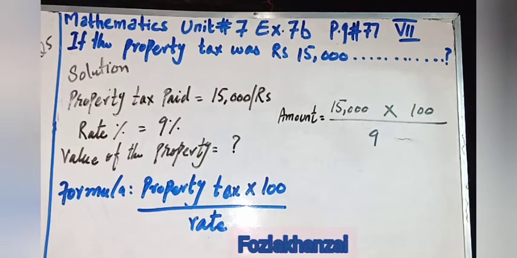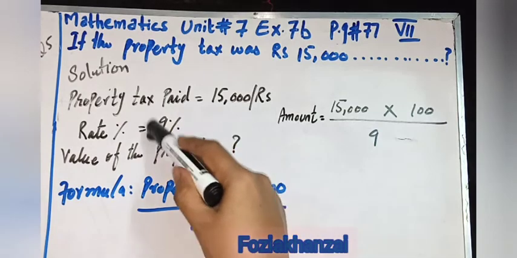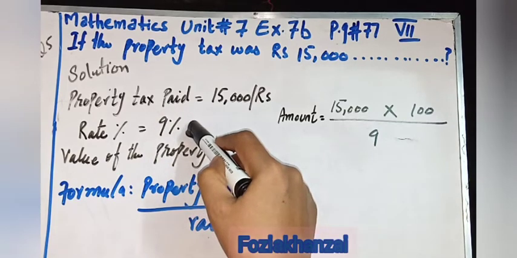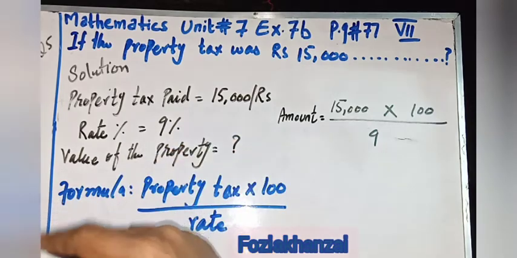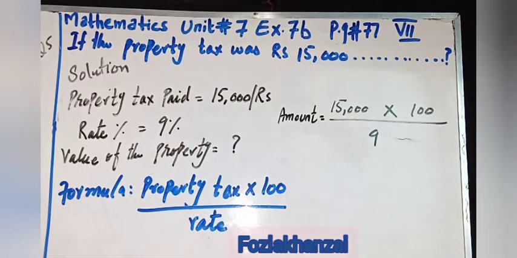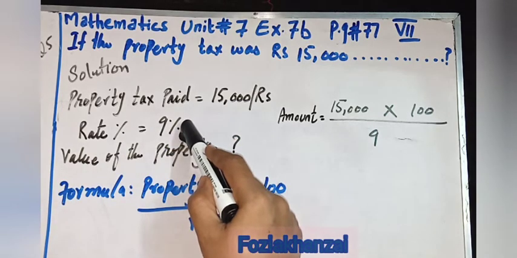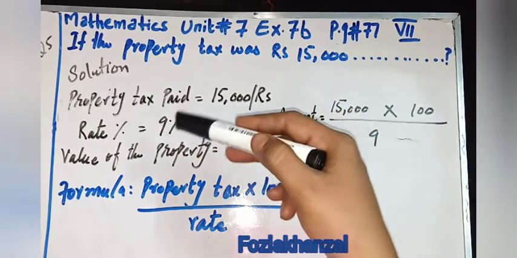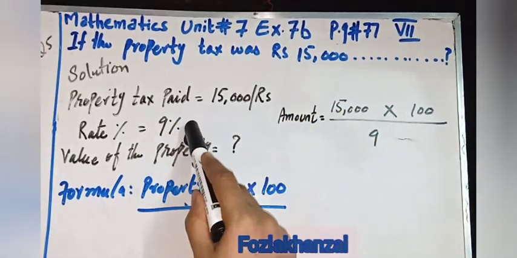But in this part the property tax is paid, so we reciprocal this part. Normally we use 9 upon 100, but in this part we use 100 upon 9. We reciprocal it. Why do we reciprocal it? Because the property tax is paid. That's why we reciprocal the rate percent.